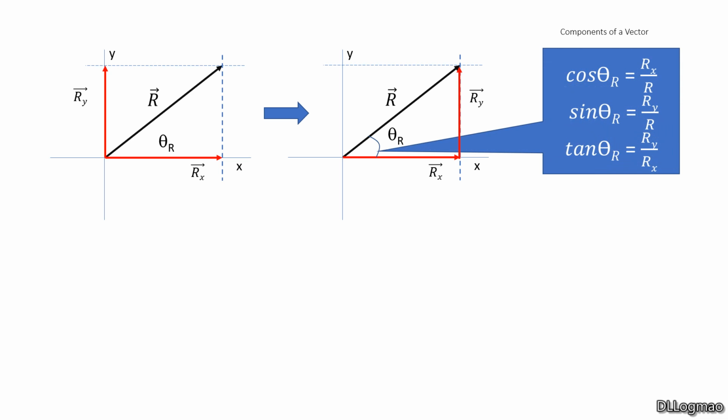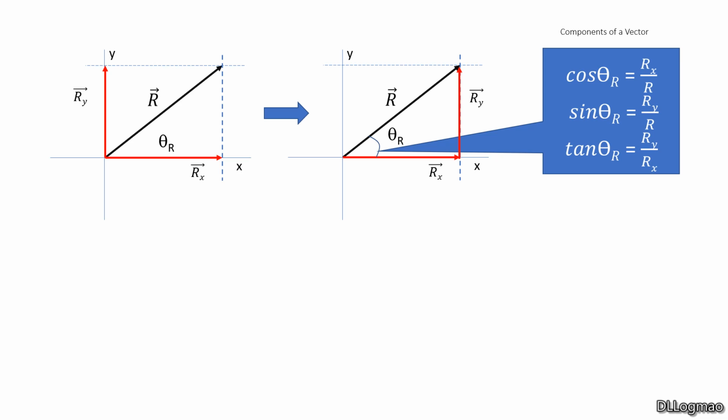In trigonometry, the trigonometric function of this angle theta sub r is defined by the ratio of the sides of the triangle, such as cosine theta sub r is equal to the ratio of the adjacent side, r sub x, and the hypotenuse of the triangle, r. Sine theta sub r is equal to the ratio of the opposite side, r sub y, and the hypotenuse r.